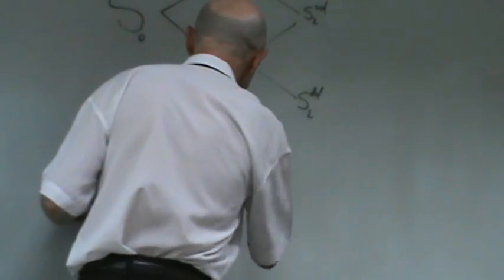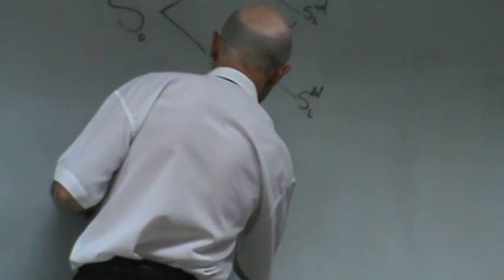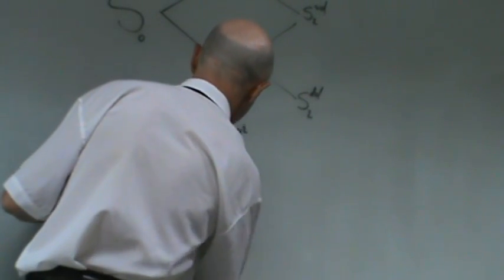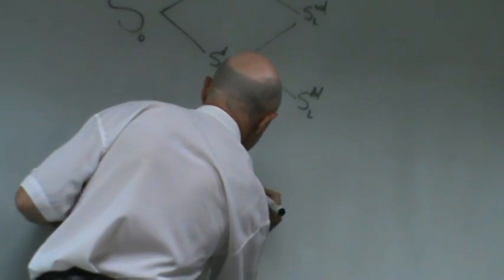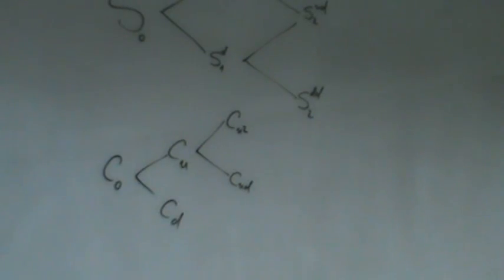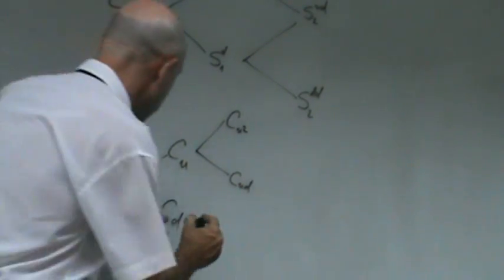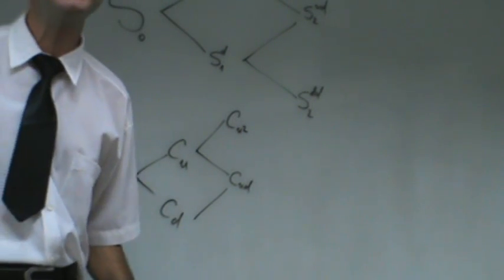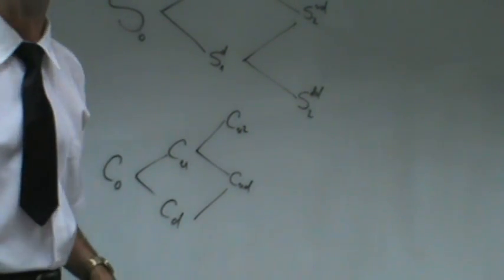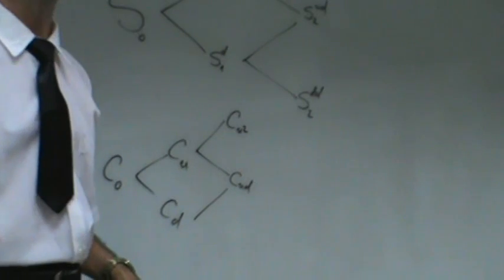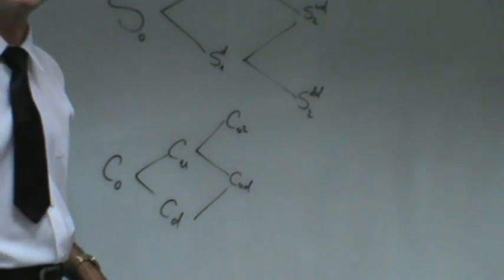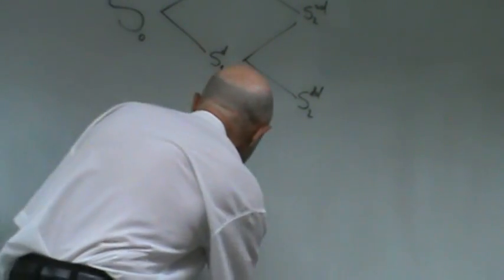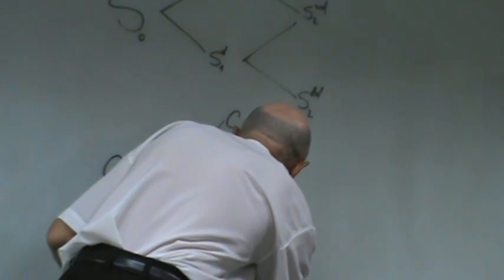And then same thing, CU squared, CUD or CDU, and I clarified the CDU is a reasonable, good approximation that doesn't cause any problems. And here you got CDD.